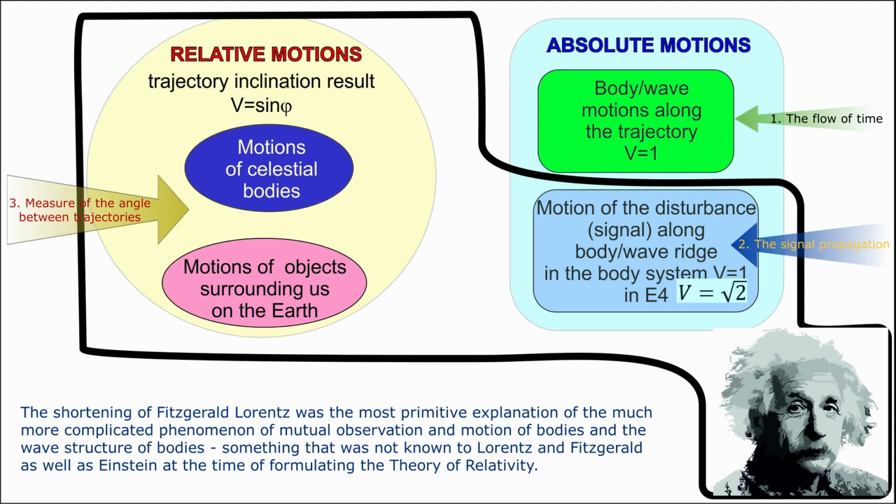The shortening of Fitzgerald-Lorentz was the most primitive explanation of the much more complicated phenomenon of mutual observation and motion of bodies and the wave structure of bodies, something that was not known to Lorentz and Fitzgerald, as well as Einstein, at the time of formulating the theory of relativity.